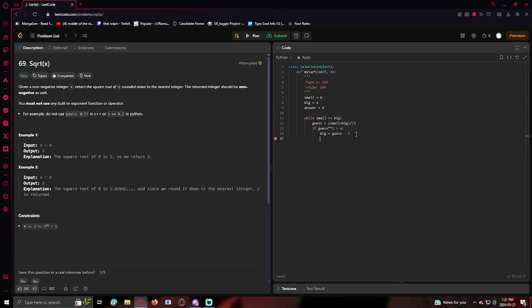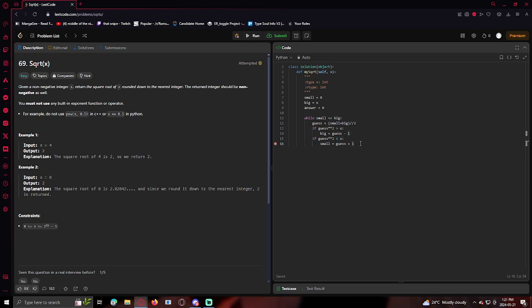And then we're also going to go if guess exponent 2 is less than x, then we want to go small equals guess plus 1, because this means it's too small, right? And there could exist an integer that's bigger than it, and that's also smaller than x, right?